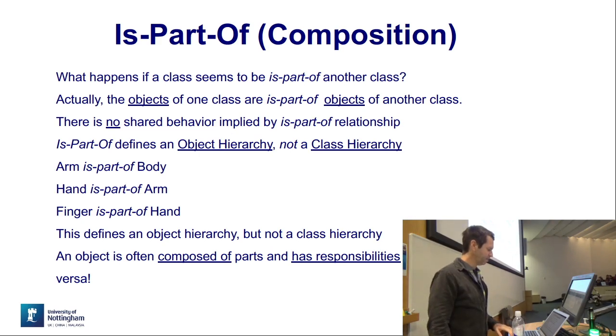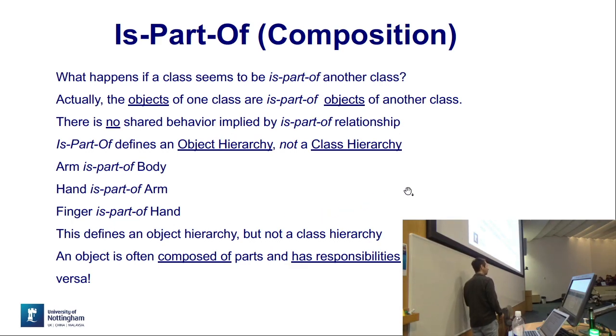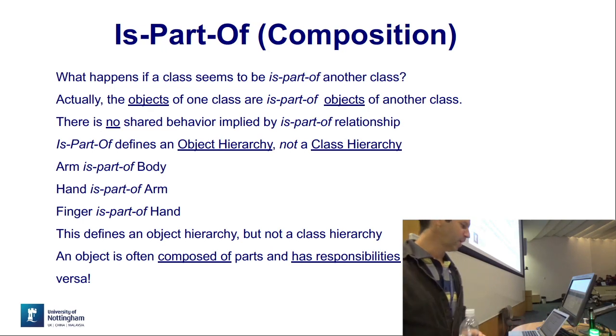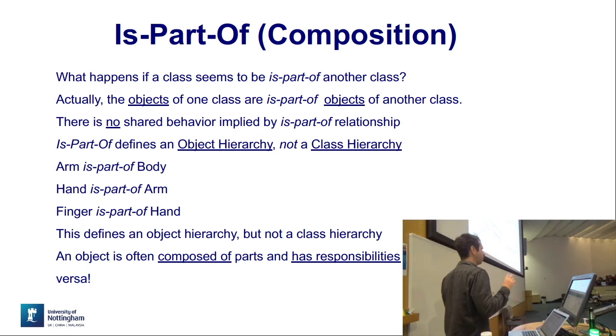And this, to make everything more confusing, defines an object hierarchy, not a class hierarchy. So you can think of this as an object hierarchy, though I would try to avoid those terms. A better phrase would be a composite hierarchy, or a composition.